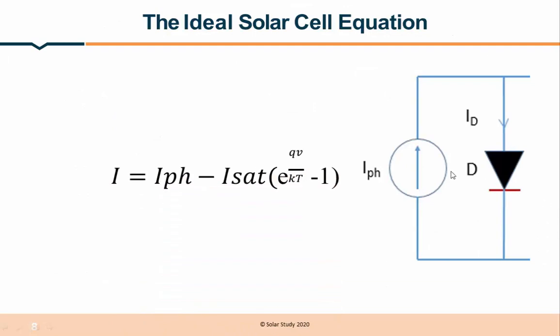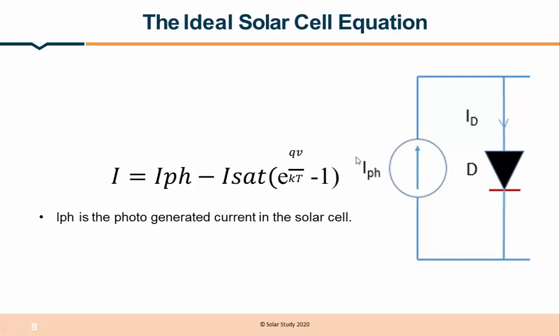Now let's consider the ideal solar cell equation. See, this is nothing but a P and N junction, that is basically a diode. So a solar cell is also a form of diode because it also contains P and N. But in this one, instead of only the diode current, we have a photon current which is coming from the sun.